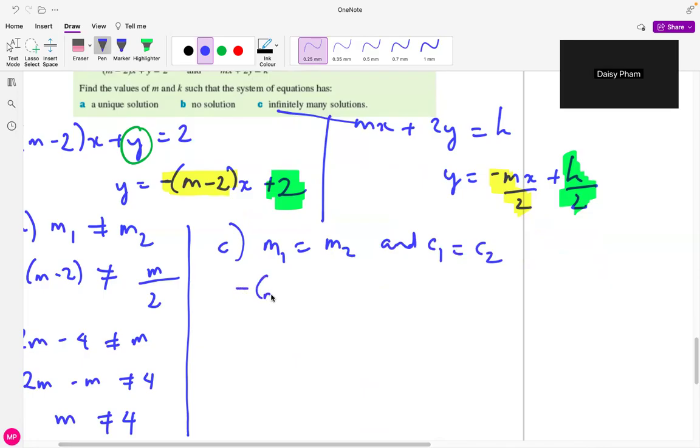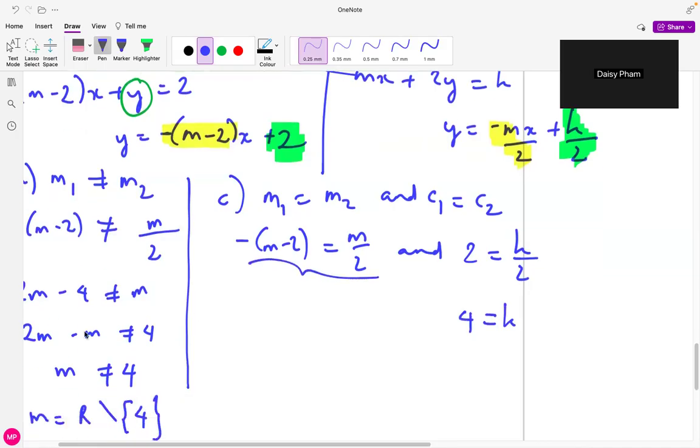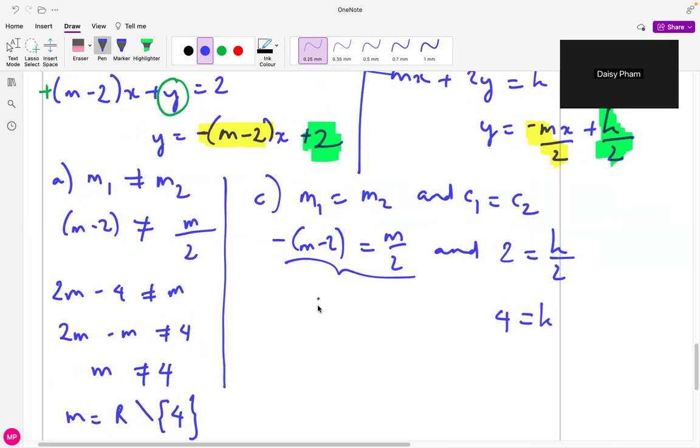So negative m minus 2 equals negative m over 2, and c1, which is 2, equals k over 2. So k will be 4 here, and for the left side, which we already solved, we get m equals 4. So m equals 4 and k equals 4. That would be C.